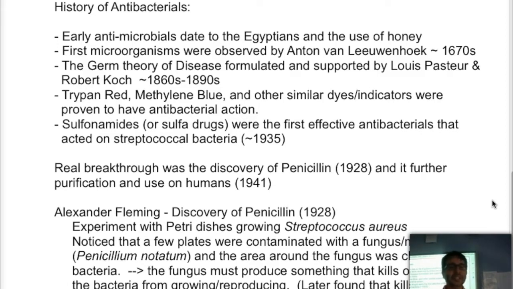So something in the Penicillium notatum had caused the prevention of bacteria growing and reproducing. So it actually kills the bacteria.